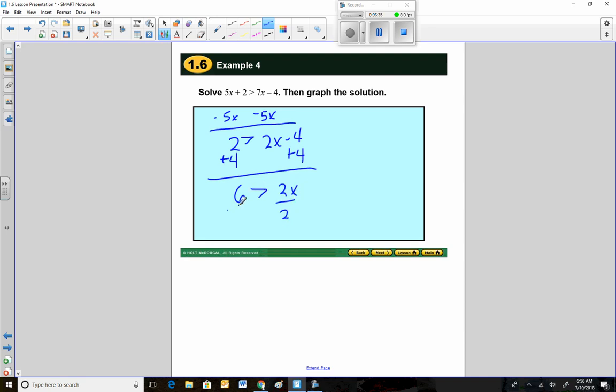Divide by 2, so the 2 can disappear, and that would be a 3. So x, and notice the x is over here, and then it says little tiny sign, so we have less than, because we're going to read it backwards. X is less than 3. So we'll write it out forward as traditional answers are usually x is on the left side. So x, little tiny point, 3. All right. So x is less than 3.